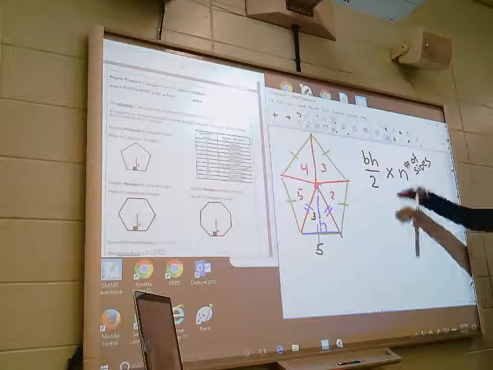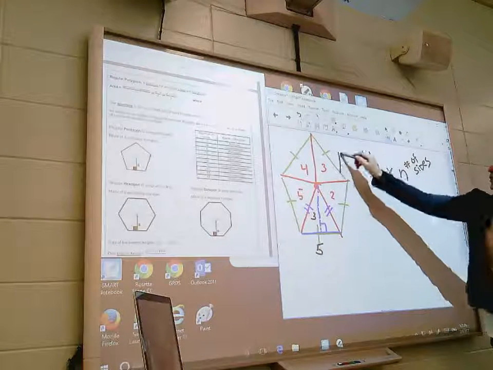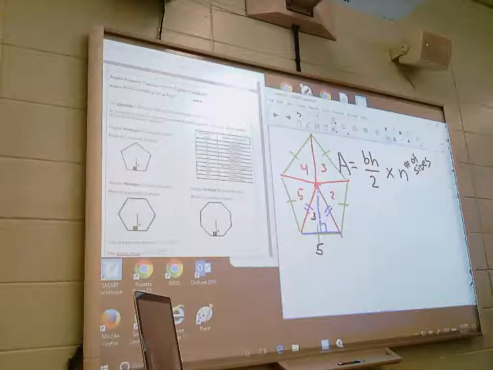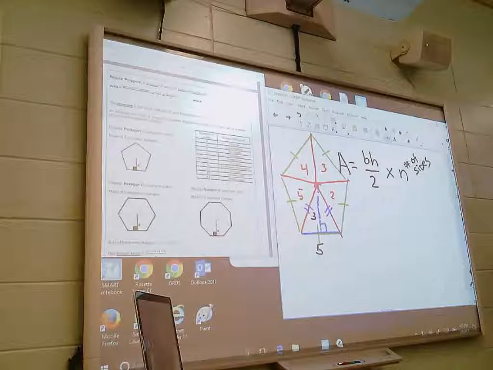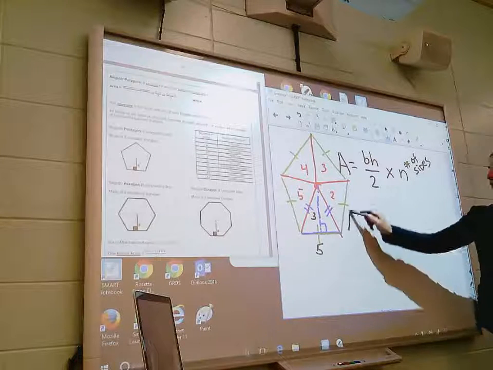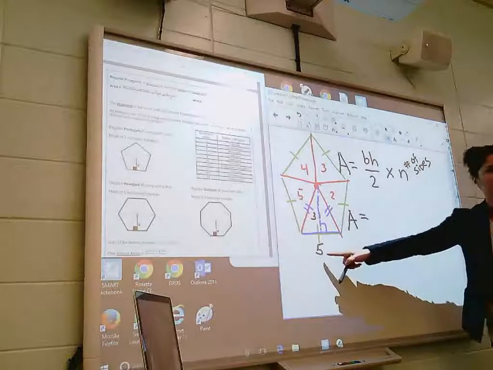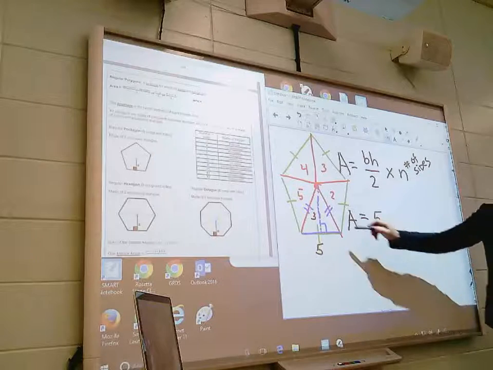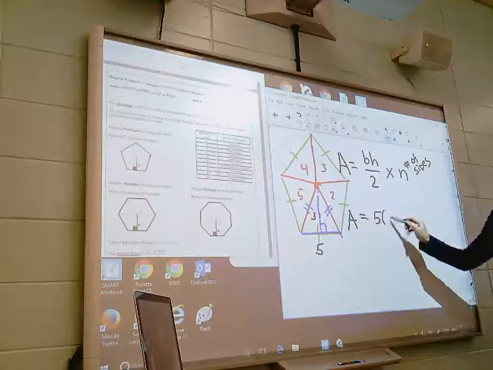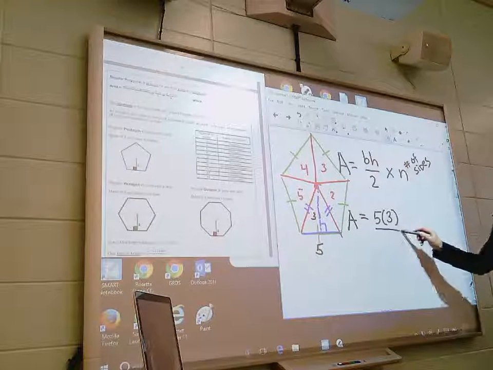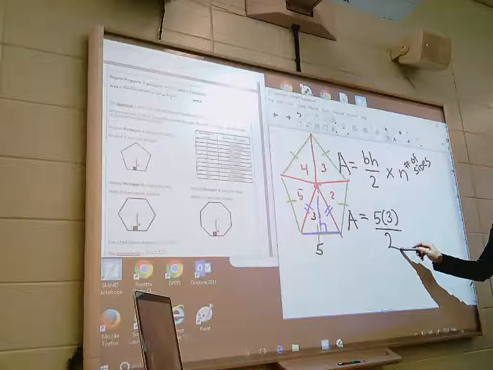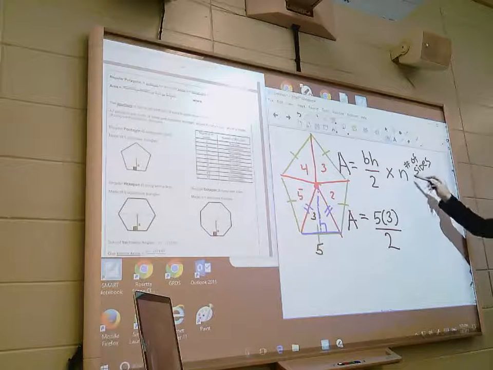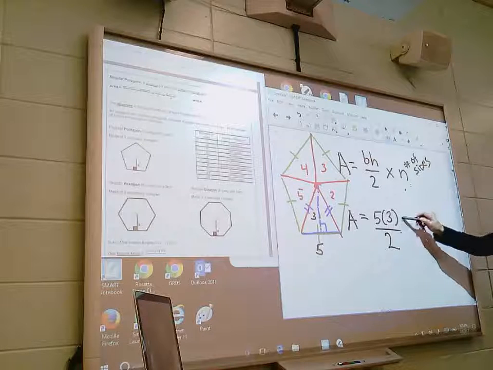So let's fill in what we know. The area of a polygon, area equals base times height divided by 2, timesing it by 5.